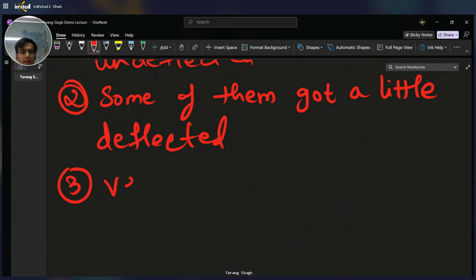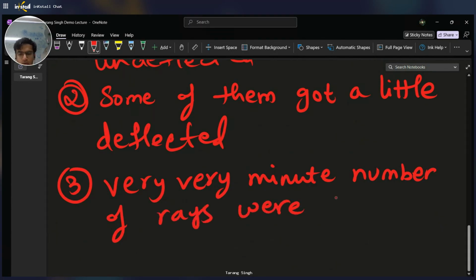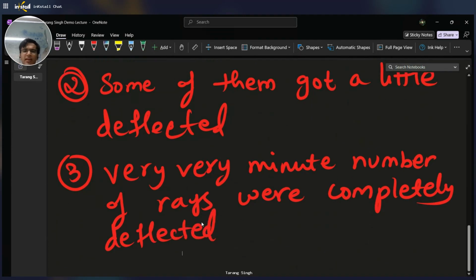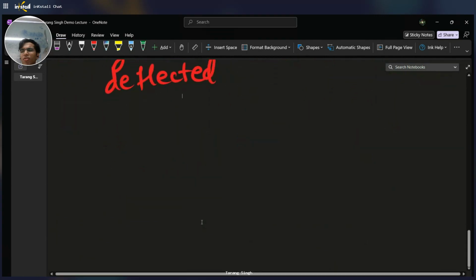So a very minute number were completely deflected. And the number is like 1 out of 10,000. So it is very minute in scale.